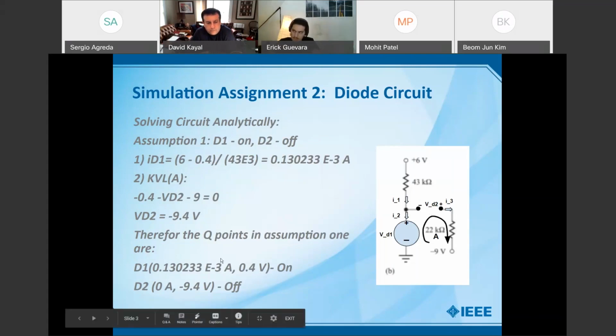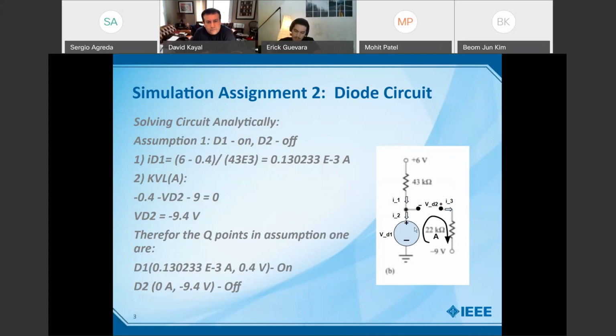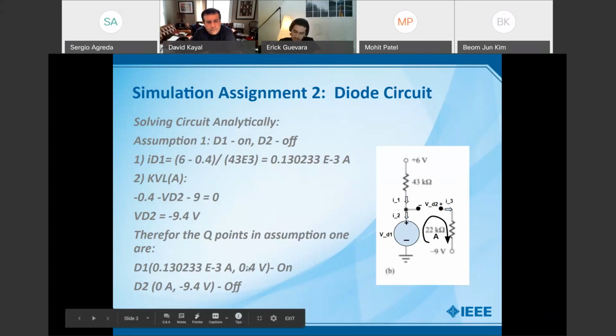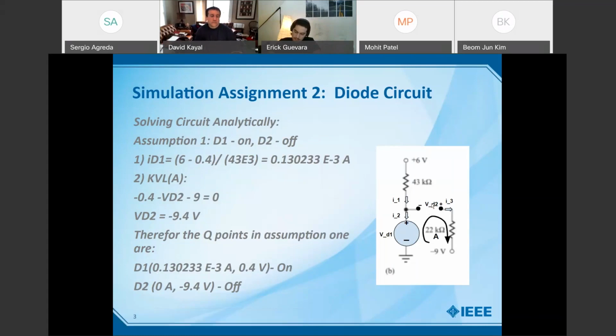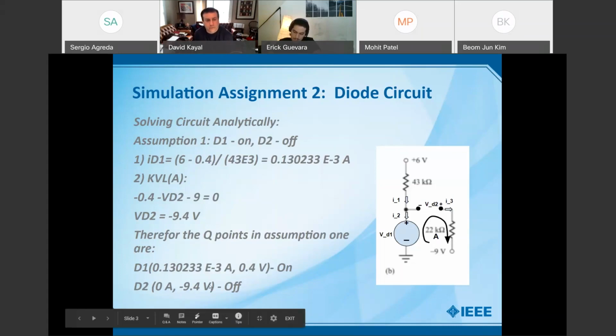So the Q point for D1 is the current going through this diode and the voltage drop across the diode terminals, which are 0.4 and 0.13 milliamps. For D2, there's no current going through it, and the voltage across the terminals in this configuration is equal to negative 9.4.